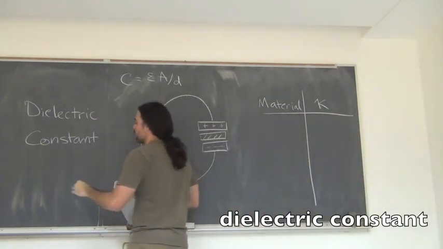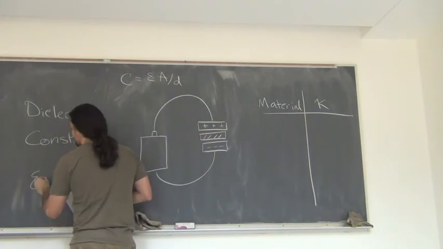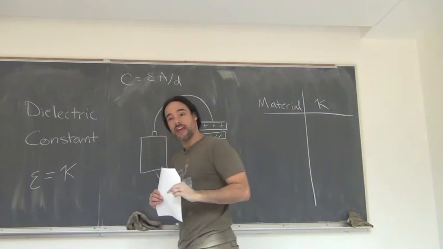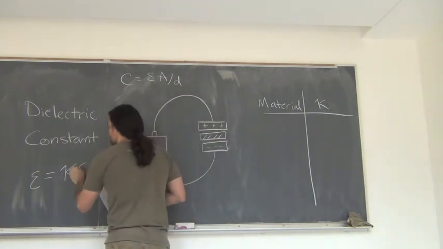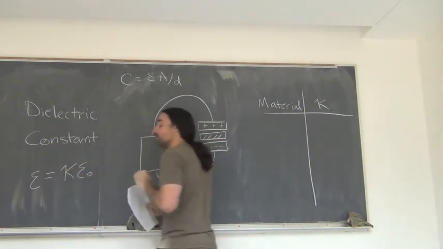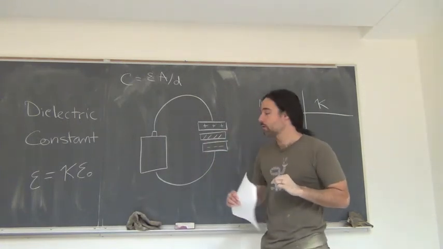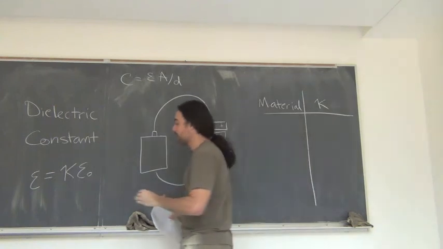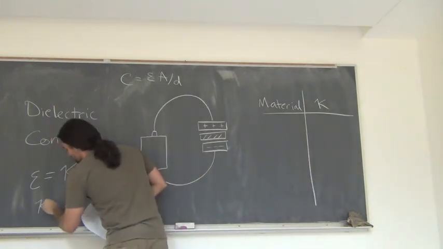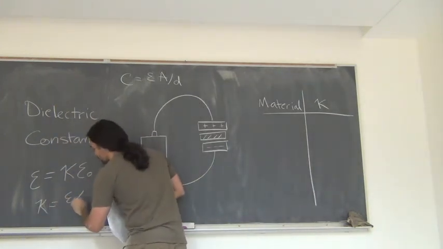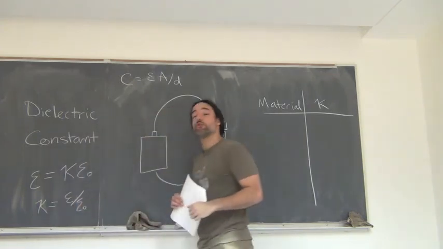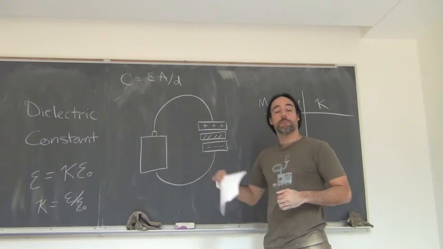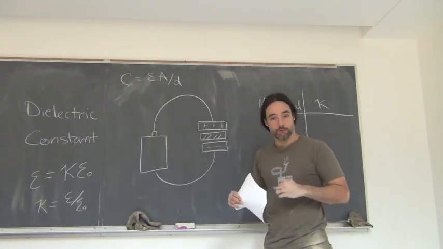The dielectric constant is kappa. If I take kappa times the permittivity of free space, I get the permittivity of the material. Or equivalently, just by doing a little bit of algebra, kappa tells you the ratio of the permittivity of the material compared to the permittivity of free space.